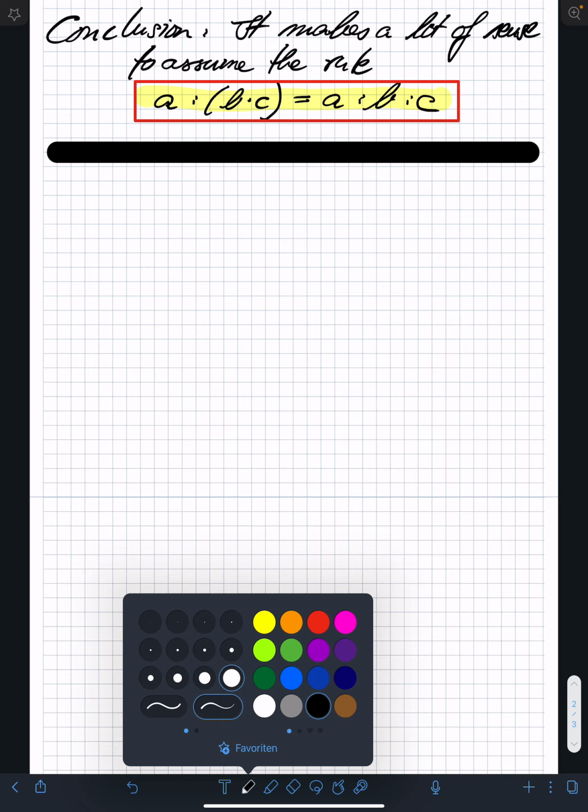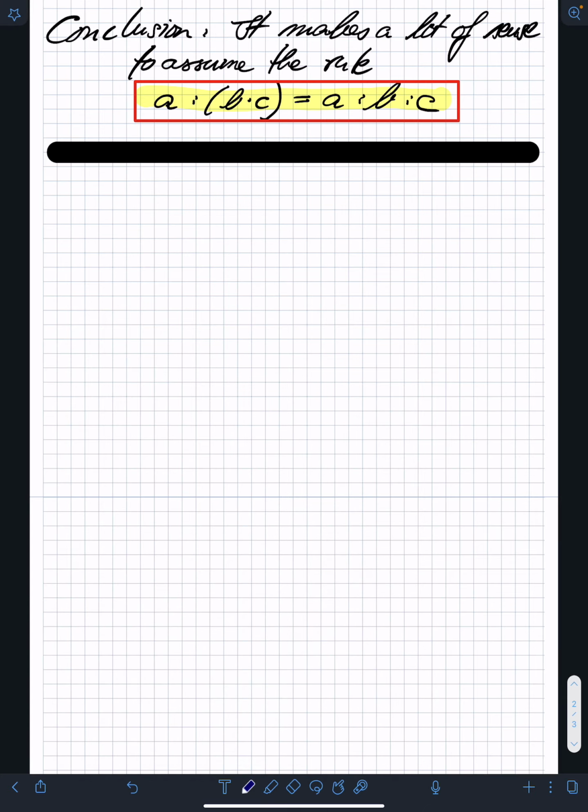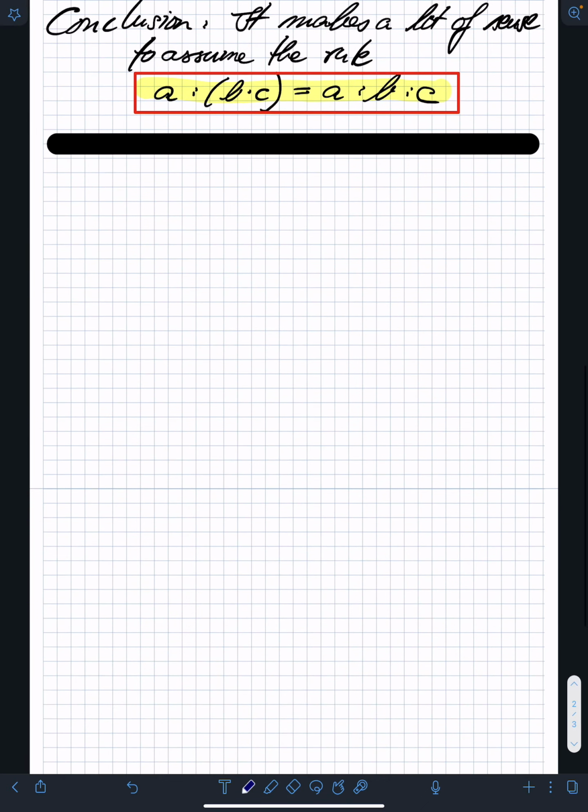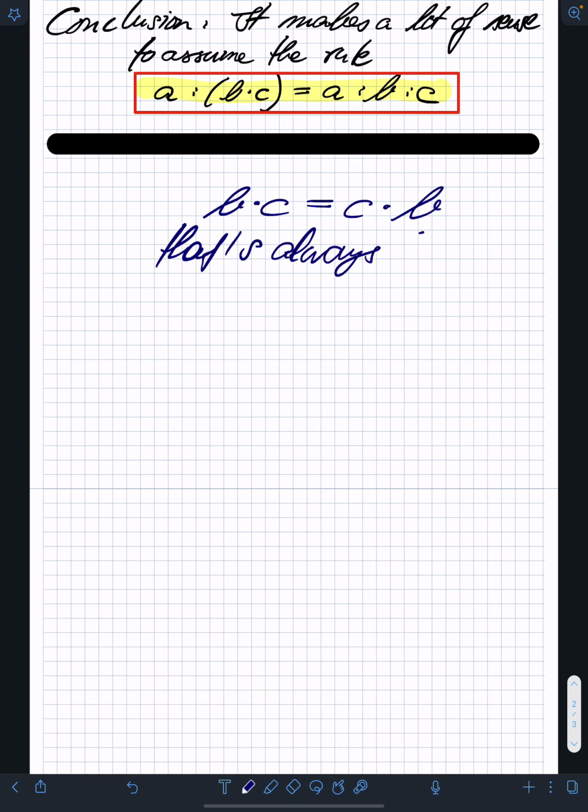Okay. It's the following assumption. We know that b times c is the same as c times b. We know that's true, definitely. That's always true.